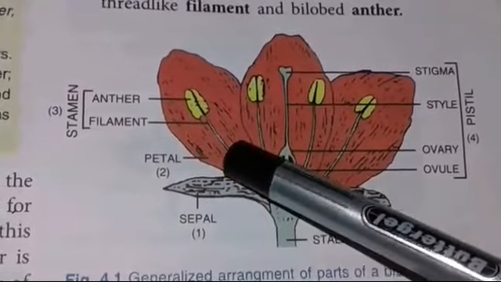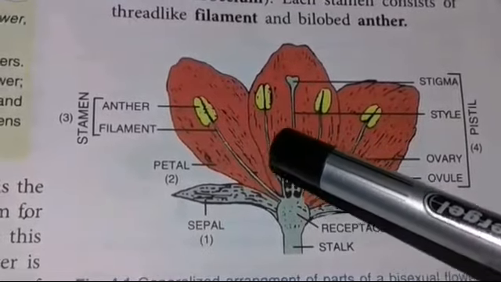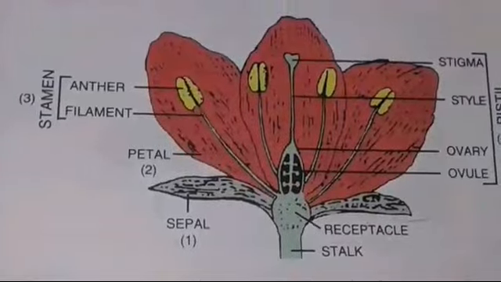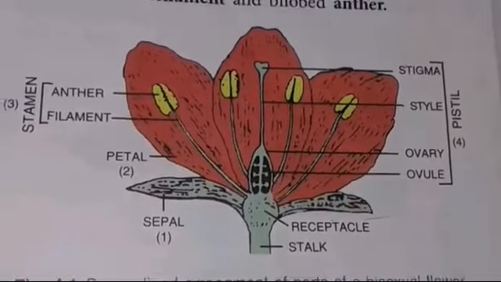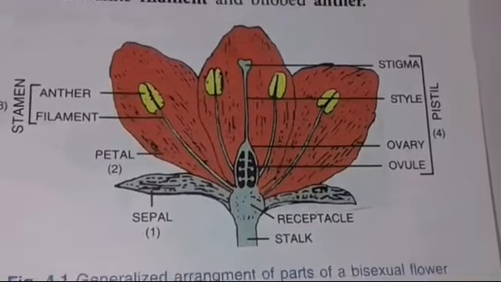They are also known as accessory parts of the flower. They just provide protection to the flower or enhance the beauty of the flower to attract the pollinating agents.